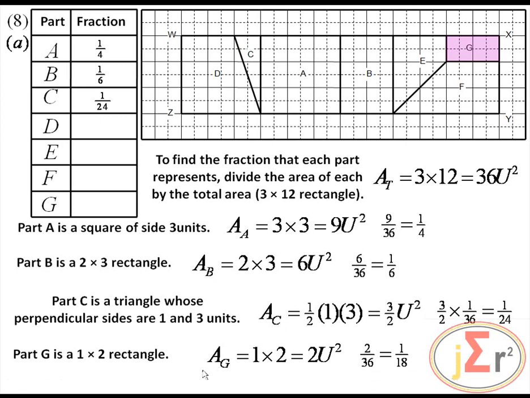And of course, 2 divided by 36 is equal to 1/18. Do not forget that 36 is the total area, so we need to put the area of the one that we are concerned with over the area of the entire thing in order to determine the fraction that each one of those labeled shapes represents.